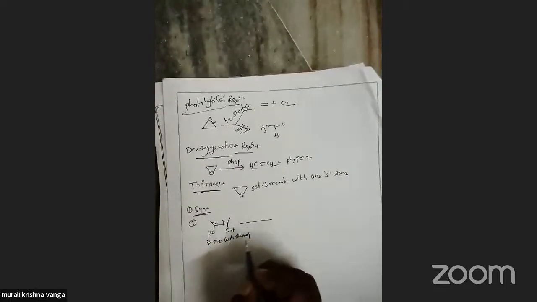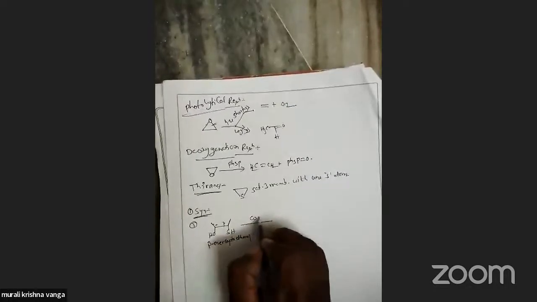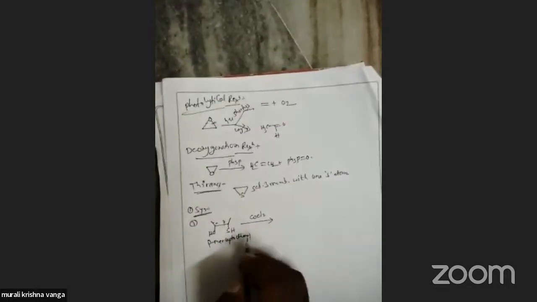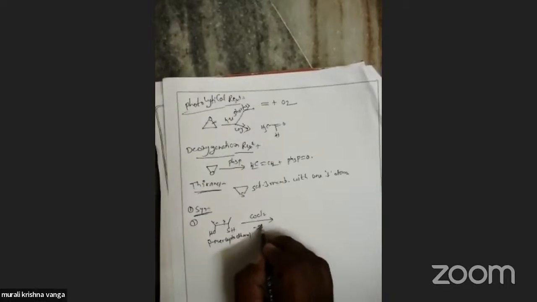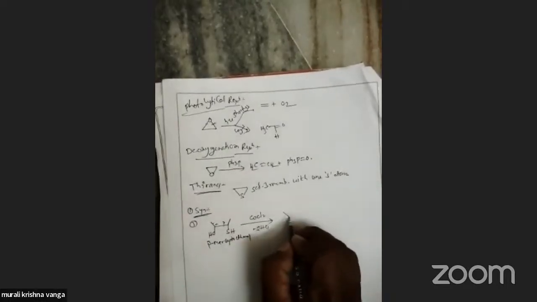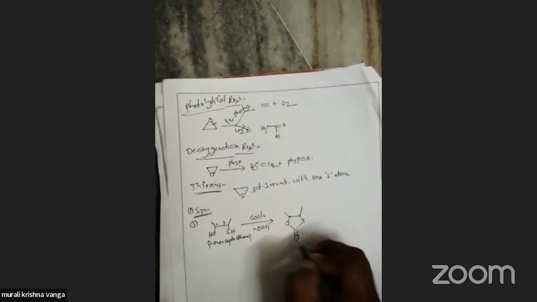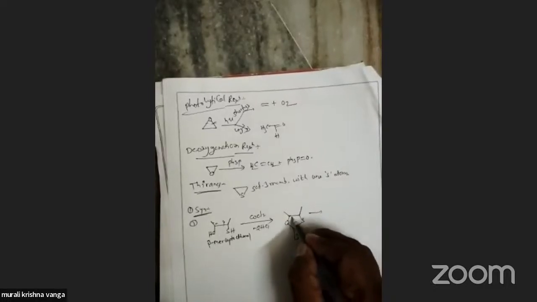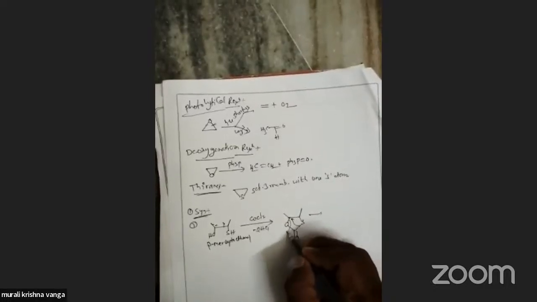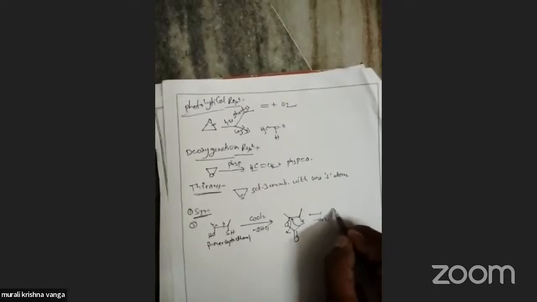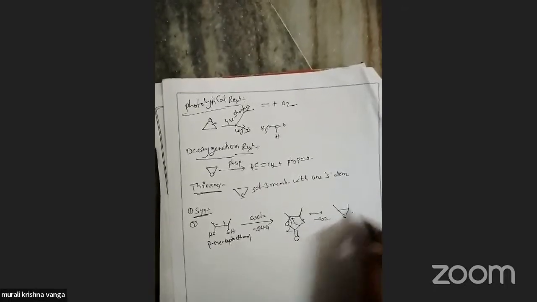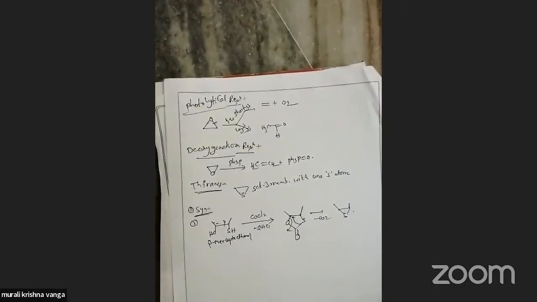When this beta mercaptoethanol reacts with SOCl2, elimination of 2 moles of HCl gives a cyclic product with oxygen, sulfur, and C double bond O. It undergoes elimination of carbon dioxide gas, then produces the thiirane product.